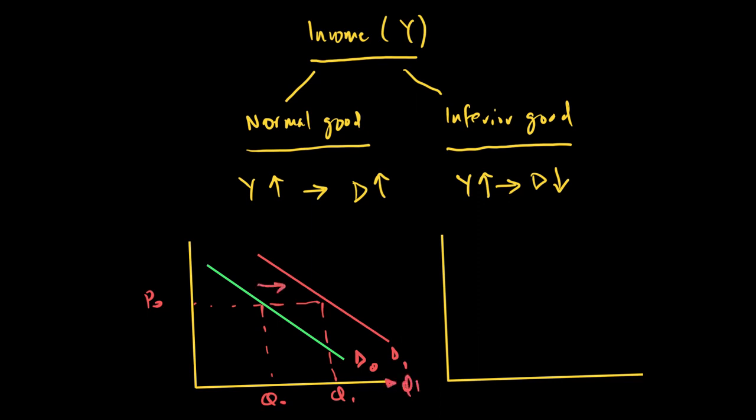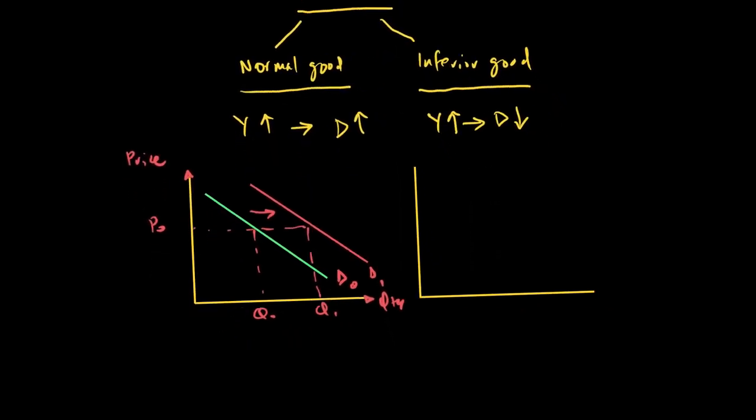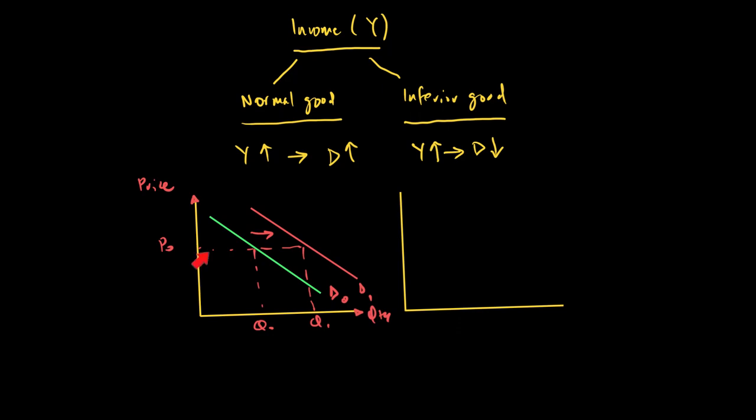And because it's a shift of the demand curve, we call it a non-price factor, because it's not the price that is making us buy more, it's a rise in income that is making us buy more. So for example, I can write here, it could be a demand for foreign vacation.